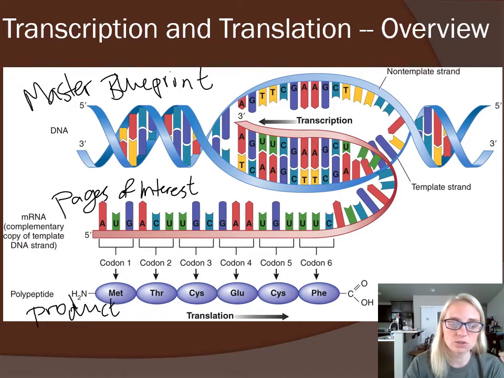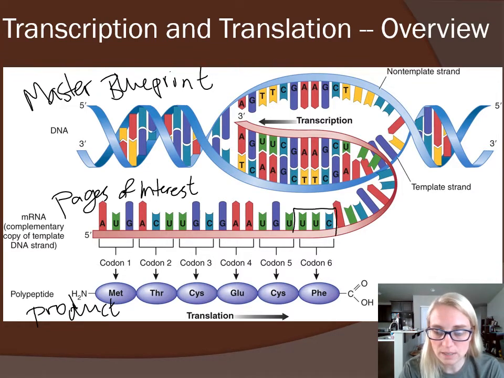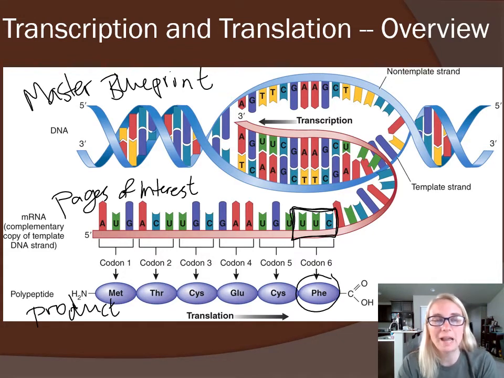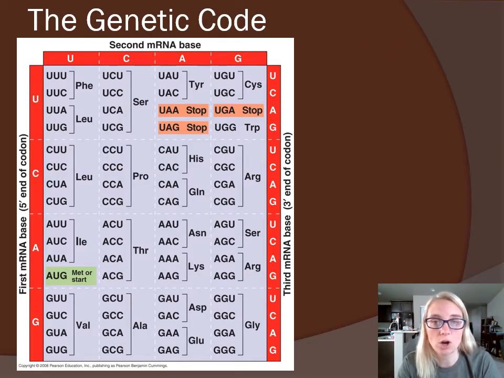Now you might be asking yourself, as I was going through this earlier, how does the ribosome know that UUC, those three bases, code for that particular amino acid? This is called phenylalanine. How does it know? Well, a lot of work went into trying to solve that mystery, and researchers came up with something called the genetic code.